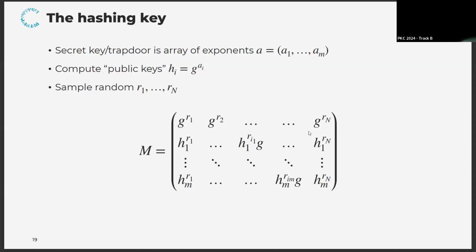The first row will be just the header row, and each other row will correspond to the ElGamal public key, but when we want to extract, we multiply with an additional g. And now we see why we do that.